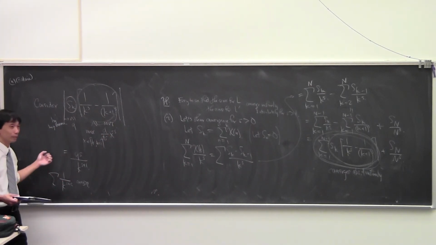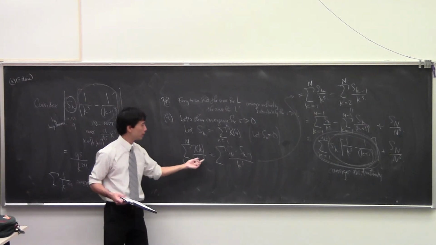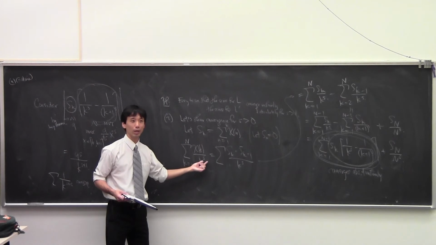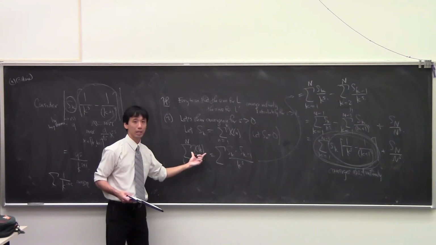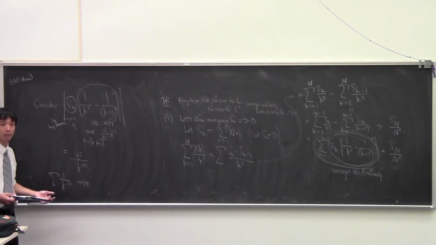So pretty cool, right? It looked like we needed s to be bigger than 1, but in fact, because of the cancellation that occurs in the character, we actually only need s to be bigger than 0.